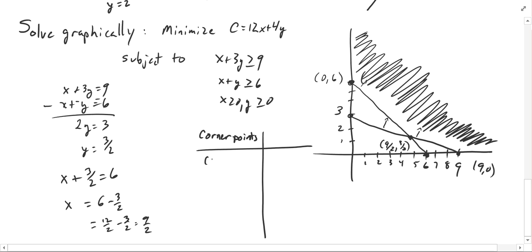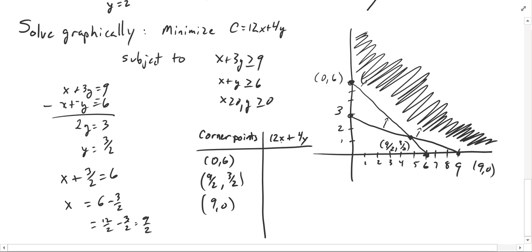And so I want to try each of those into my C formula, the objective formula, which is 12x plus 4y.